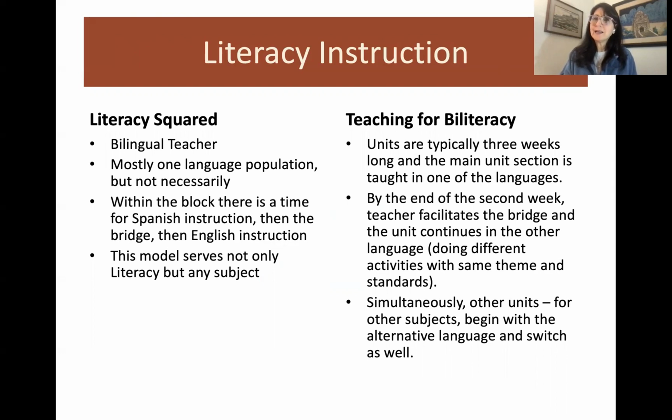After he finished that, he went into the bridge. He talked about all the cognates that we find in syntax: sujeto, adverbio, verbo, artículo. And then he went into the English understanding of the sentence structure in English.